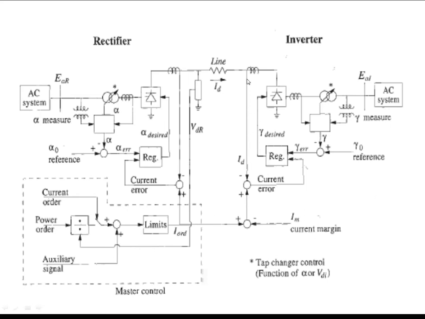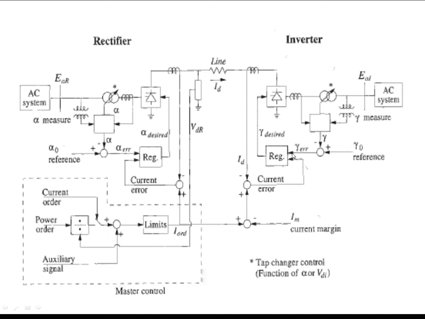And then another current is measured from the DC line at the inverter side. Whatever the difference between the current order of the inverter and actual current, that generates the current error signal. The current error signal is given to this regulator, and the second input is nothing but the gamma error.